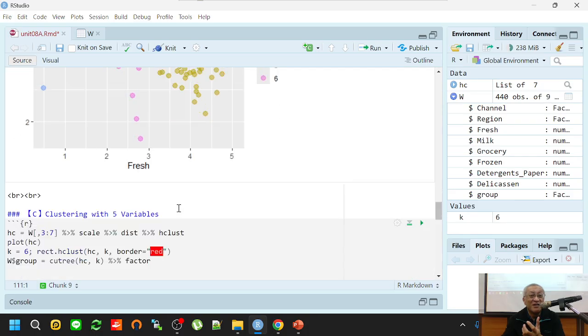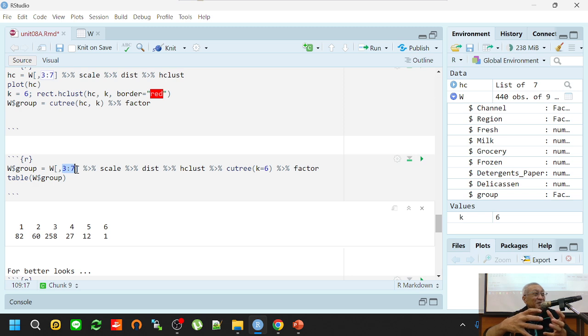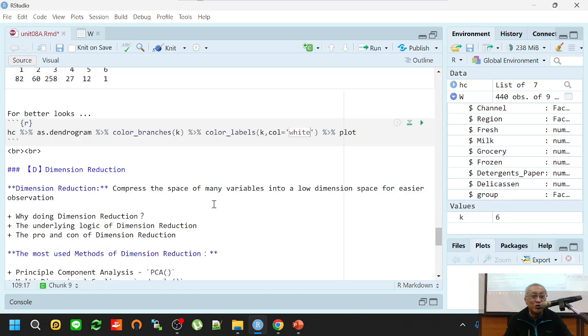But usually you will have a lot of clustering variables, and when you have 10 variables, you have a 10-dimensional space. It becomes very difficult to visualize, and that is why we need to do dimension reduction.